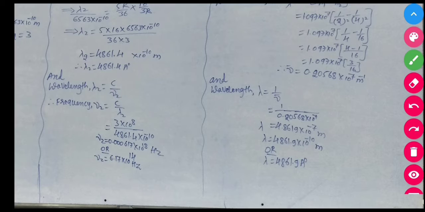Or if you like to express it in angstrom, it is 4861.9 angstrom, because 1 angstrom is 10 raised to minus 10 meter.